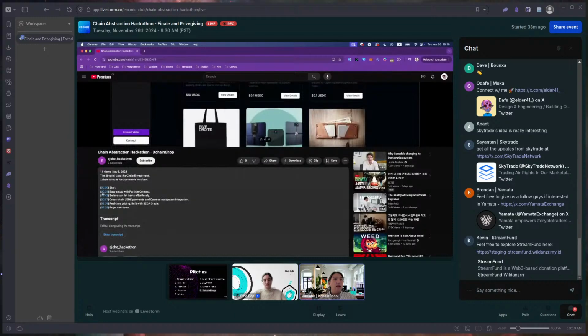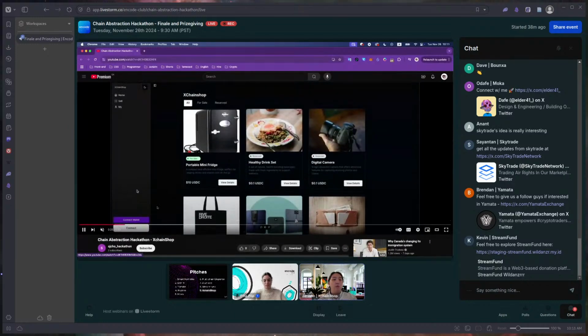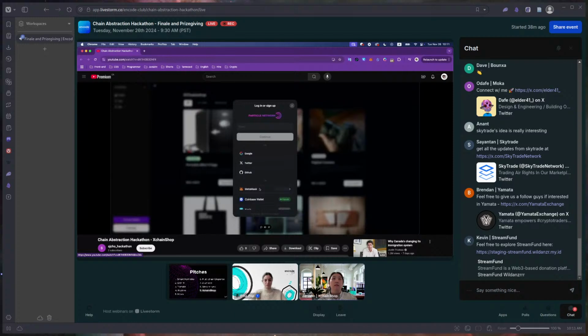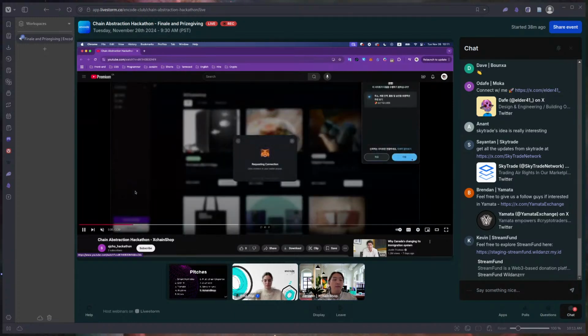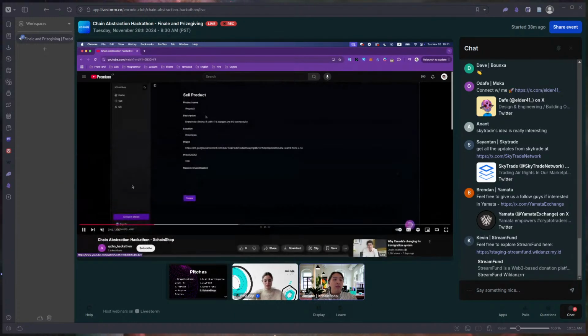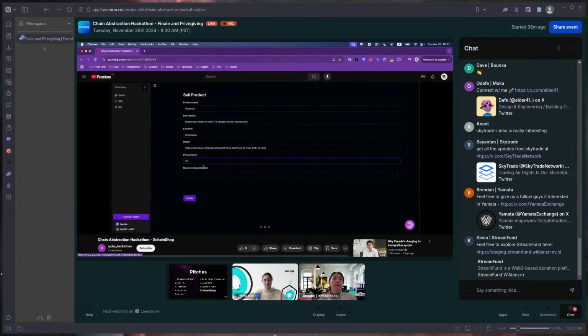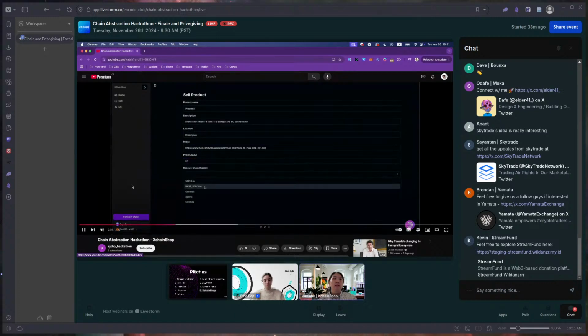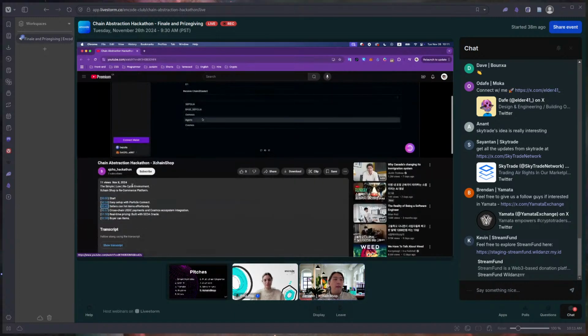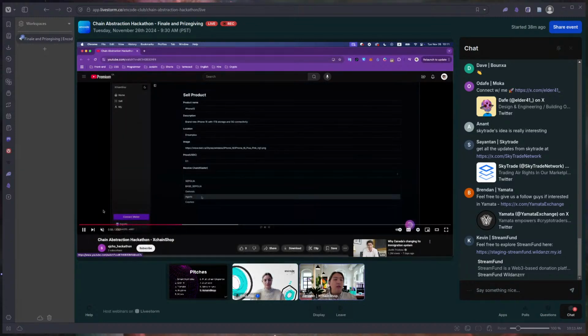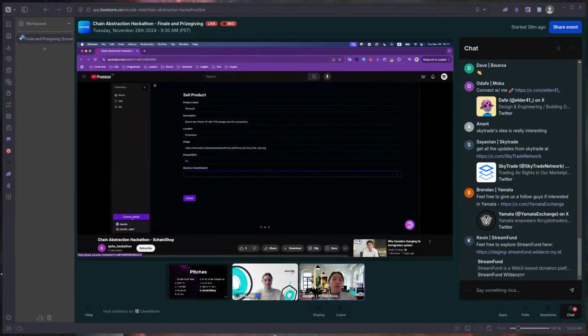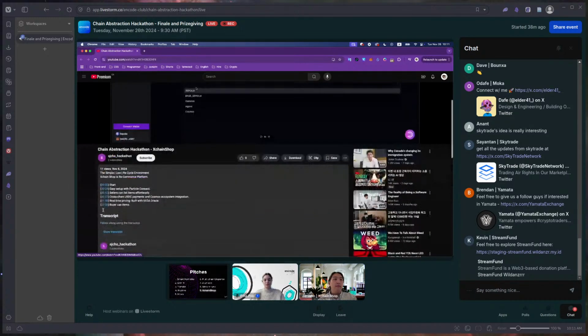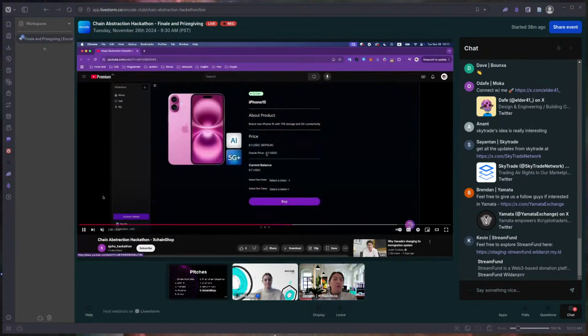We've added easy onboarding with Particle Connect, and sellers can list items effortlessly. Destination chains. And we're currently expanding payment support into Cosmos ecosystem. And real-time pricing with Zeta Oracle is already implemented.